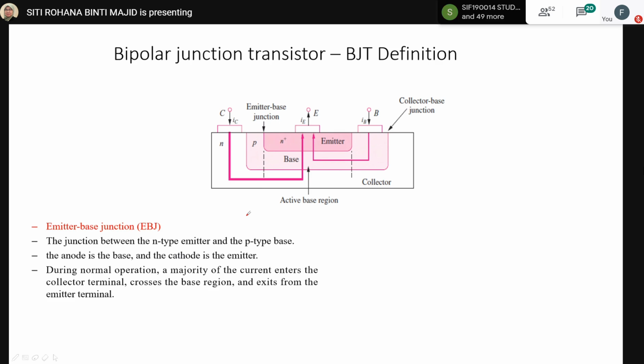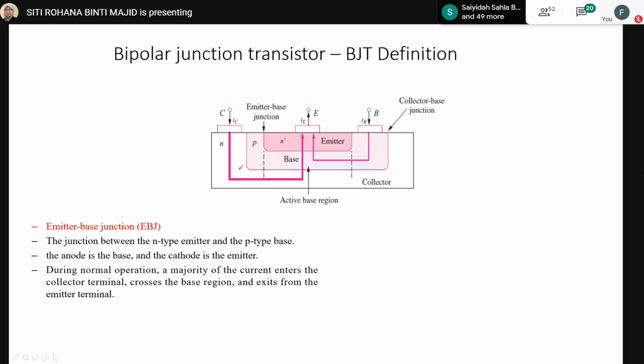the first thing we want to know about is the emitter base junction. Emitter N, base P. N has a lot of electrons, P has a lot of holes. The junction is between these two layers, and base will be the anode, and emitter will serve as the cathode.